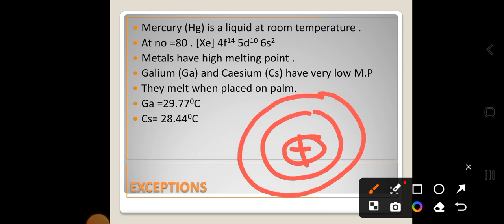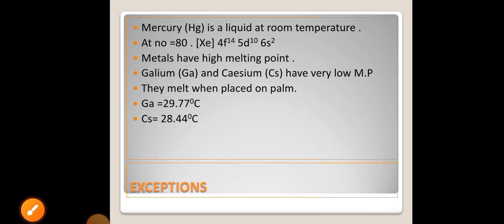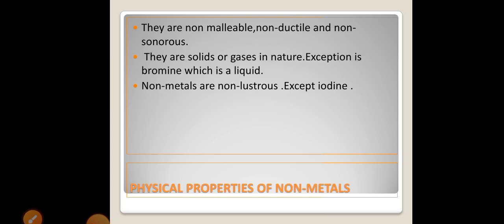For gallium and cesium, the distance between the nucleus and the outermost electron is extremely large. Because of this arrangement, the distance being very high, the melting point of gallium and cesium is very low. So these are some of the exceptions that you have to know to write your exam.